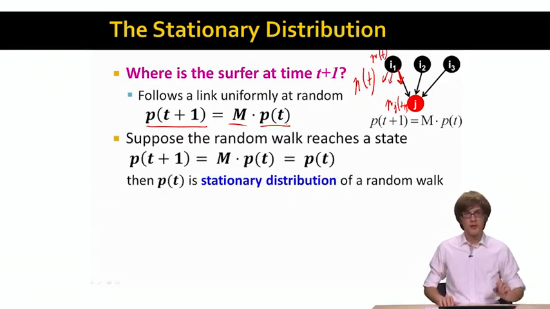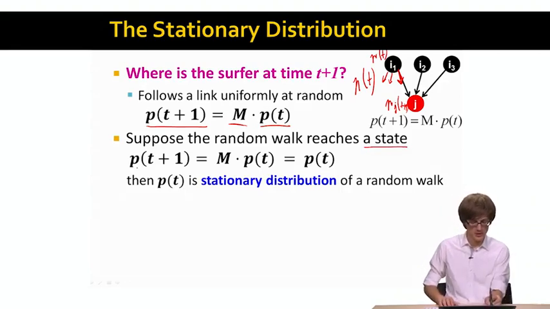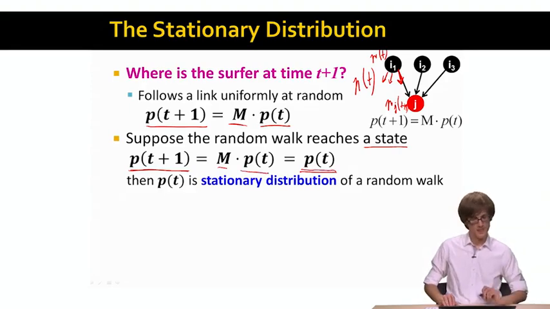So now let's suppose the following. Let's suppose that the random walk reaches what is called a steady state, which means that the probability distribution at time t equals the probability distribution at time t plus 1. This means that p of t is a stationary distribution. So the probability distribution at time t plus 1 equals M times p of t, which equals p of t. Okay?